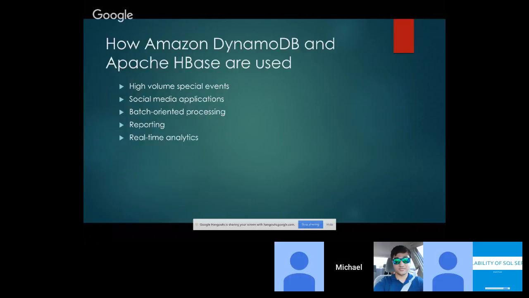In high volume special events, just as an example, these can be such popular events as Super Bowls, Olympics, World Cups, or seasonal events where there is a potential for a short duration run that has variable workloads and the potential to consume large amounts of resources at one time. The use of Amazon DynamoDB lets you dial up capacity when you need it and dial it back down to handle, once again, variable workloads.